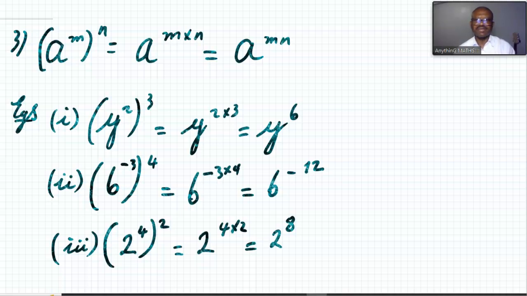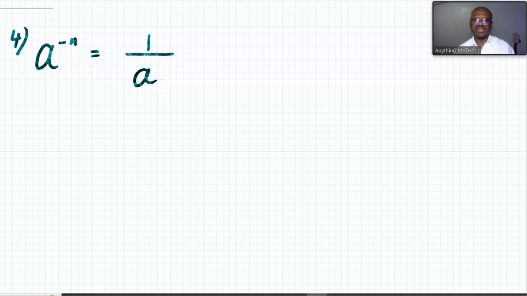Let's have a look at the fourth law. The fourth law of indices. A raised to the power negative n is the same as 1 over A raised to the power n. Some examples will help for better understanding, isn't it?